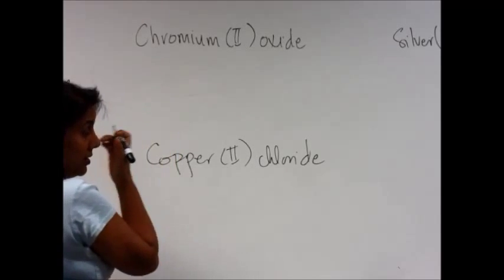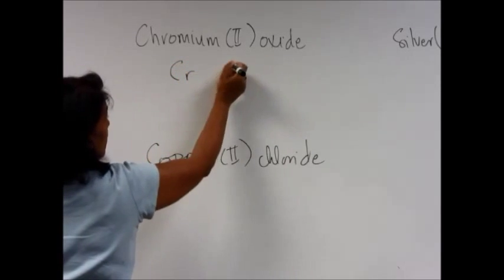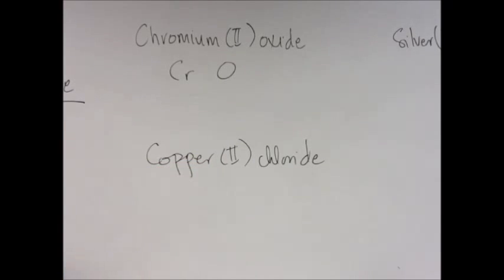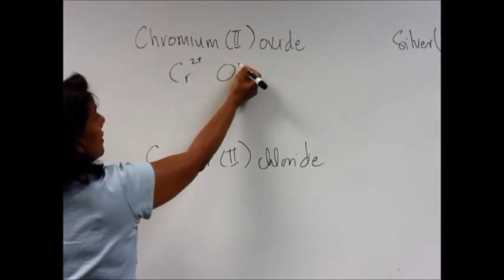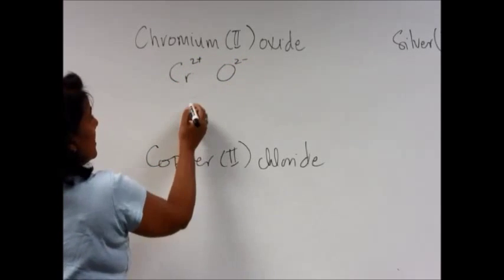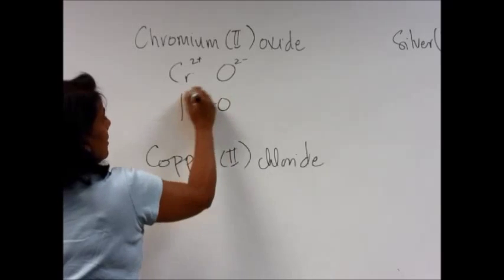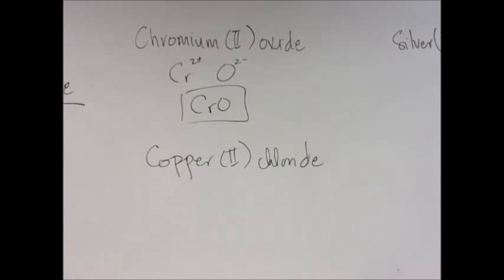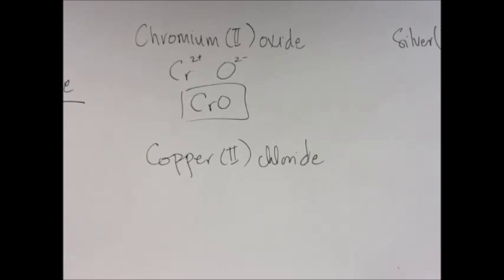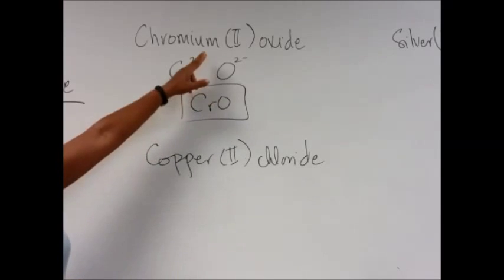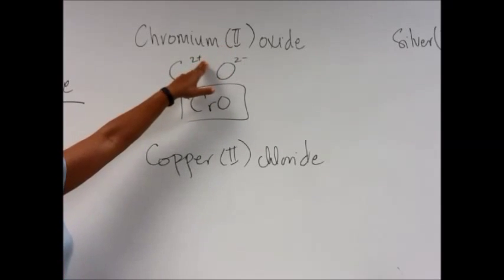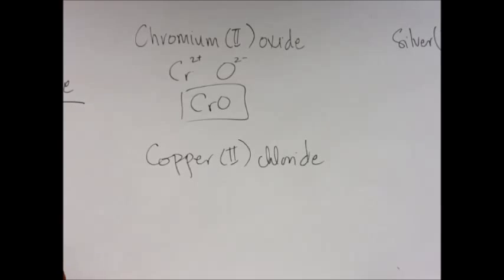Chromium is Cr, and oxygen is, of course, O. Cr is 2+, and oxygen is -2. So the formula is CrO. That's it, that's the formula for chromium(II) oxide. There is nowhere in this formula that you have a 2. This 2 is to do with the charge, not with the number of atoms.